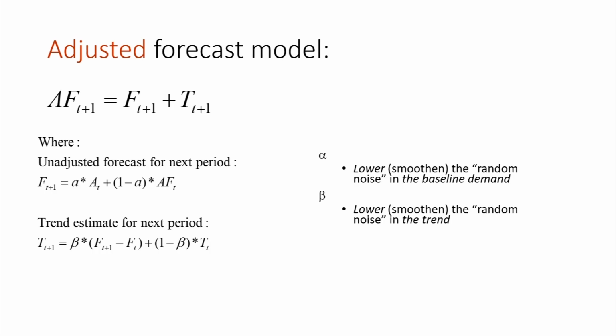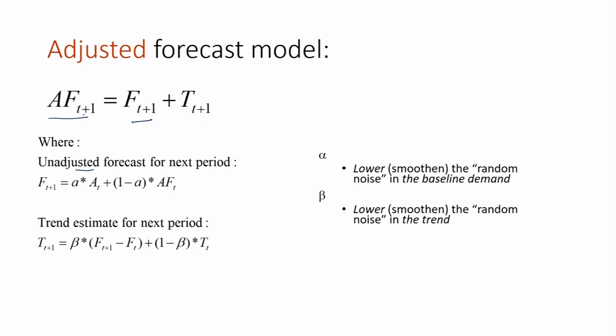So, here we have our forecast demand equal to the random adjusted as well as the trend adjusted. So, two things we are going to adjust here, the trend estimate T t plus 1 and the unadjusted method, meaning random only, and then adjusted for a trend, and together will give the trend adjusted forecast.